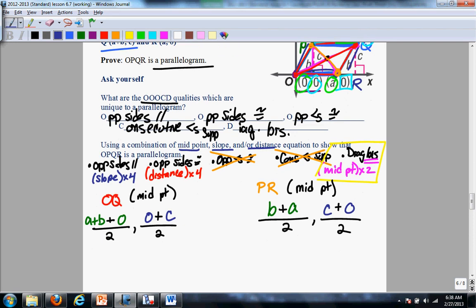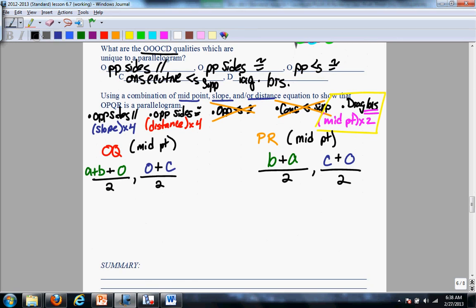Now let's clean it up a little bit and see what we get here. A plus B plus 0 is simply A plus B over 2. 0 plus C is just C over 2. Here, A plus B or B plus A is the same thing. I'm just going to switch it around so you see that these are the same. And of course, C plus 0 is just C over 2.